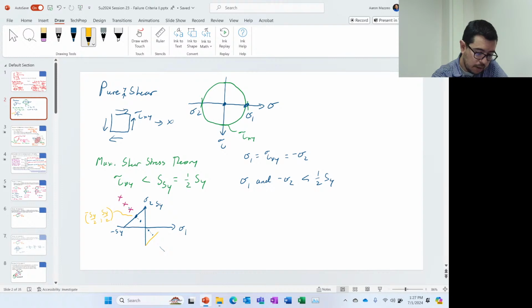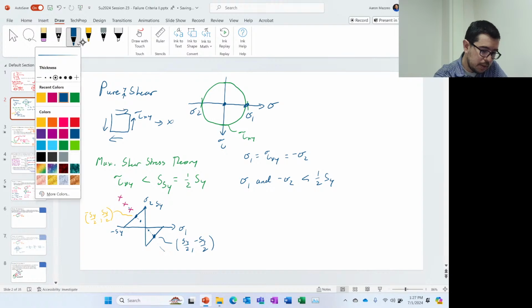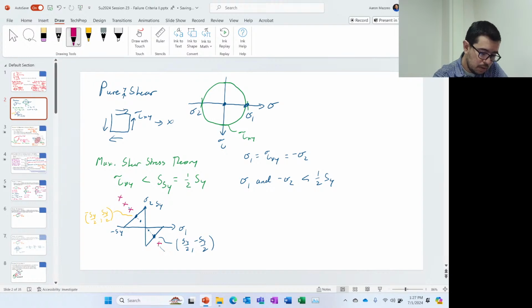Blast. Sometimes these plots get confused, or I get confused, better said. So this is where we have positive SY over 2 and minus SY over 2, so we're actually talking about this side. They're symmetric. If you go outside of these lines, outside of this intersecting point on either side, that's where you have issues.